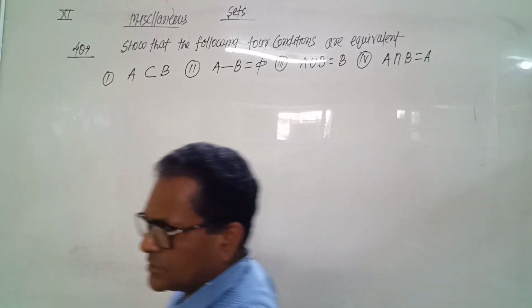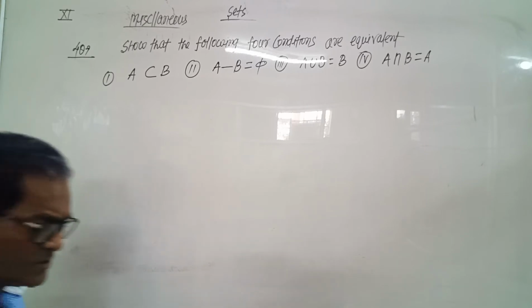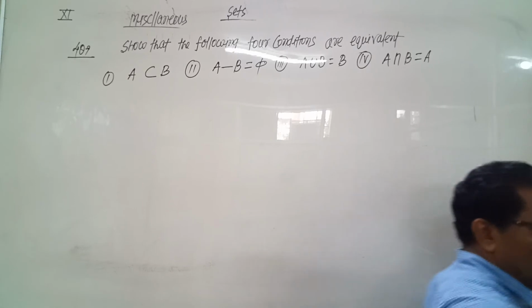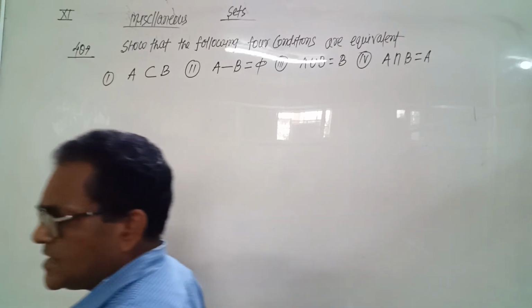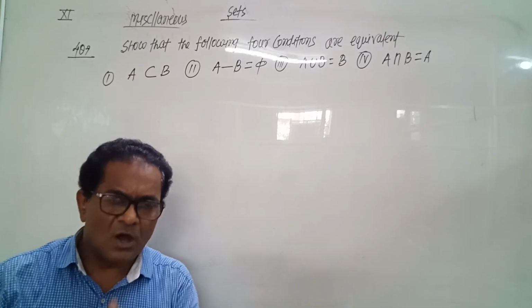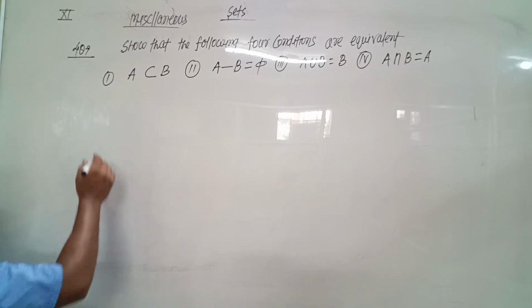We have to show that the following conditions are equivalent. Equivalent means equal number of elements. 2 sets are said to be equivalent if they have equal number of elements, not the same elements, but equal number of elements.